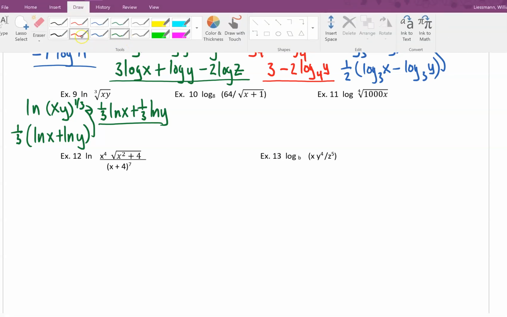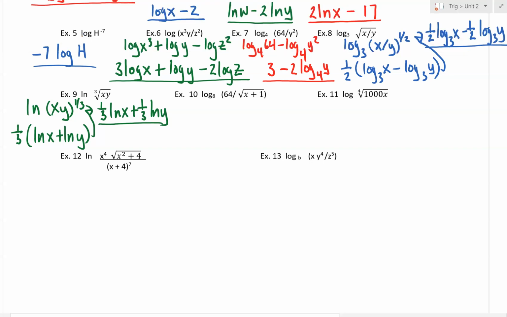As I said, as we go through more of these, you really want to start paying attention to what's happening first so that you don't have to do more than you need to. This next one, log base 8 of 64 divided by the square root of x plus 1. So I know I'm going to have a subtraction. And I also know I'm going to have to raise x plus 1 to the 1/2 power so I can move it to the front.